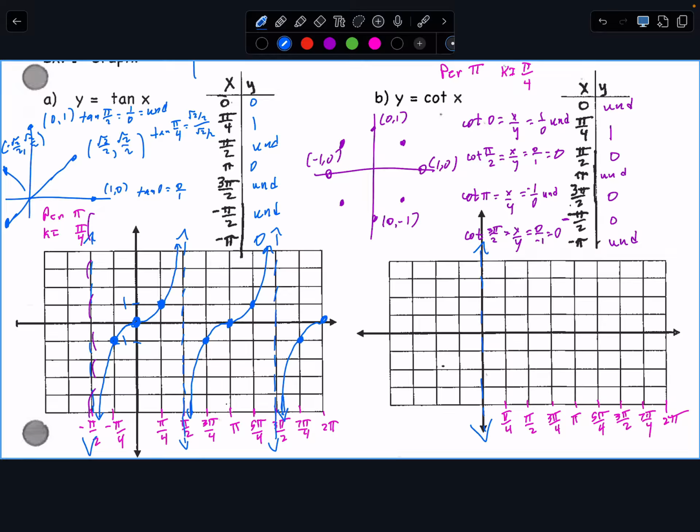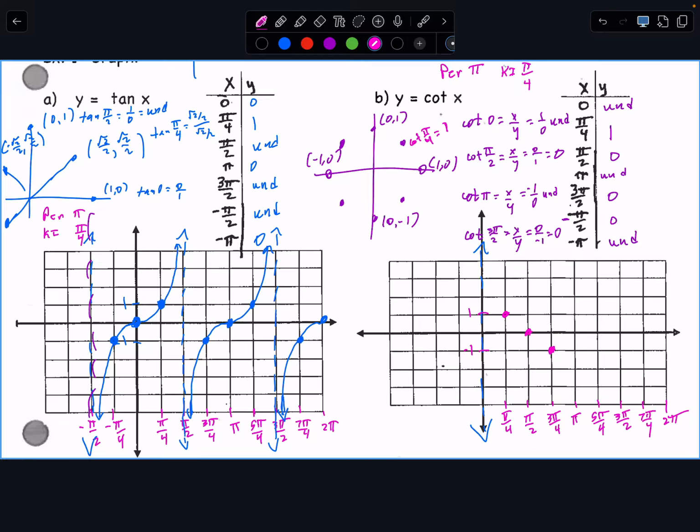At pi fourths, cotangent of pi fourths is going to be 1. Because you get a ratio of root 2 over 2 over root 2 over 2. The ratio is 1. So cotangent is 1 at pi fourths. It is 0 at pi halves. And at 3 pi fourths, quadrant 2, it's negative 1. Cotangent's negative in quadrant 2.